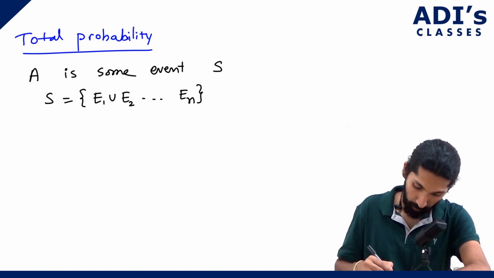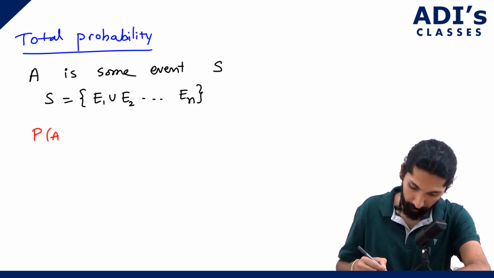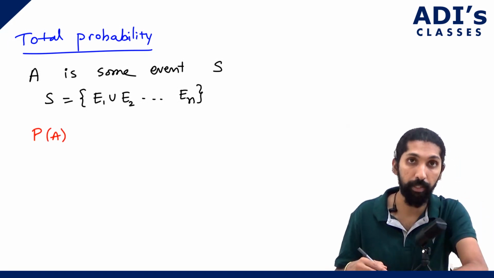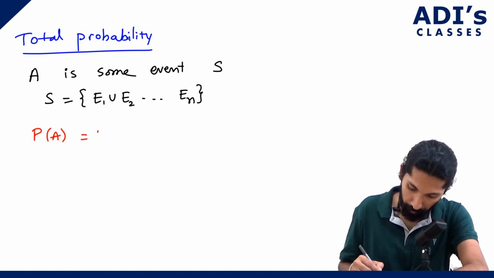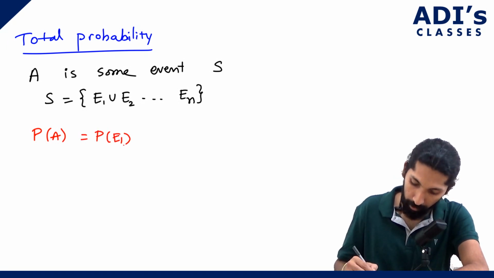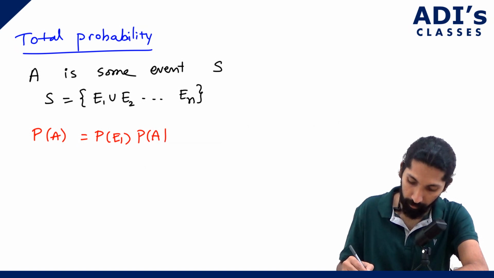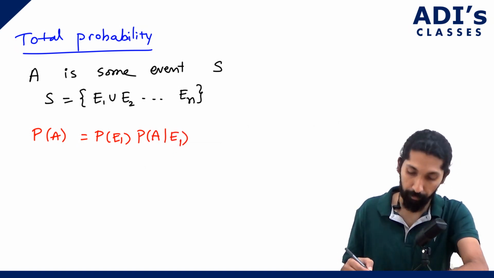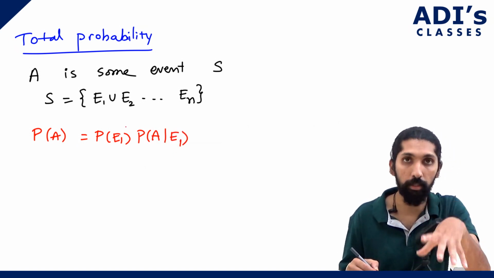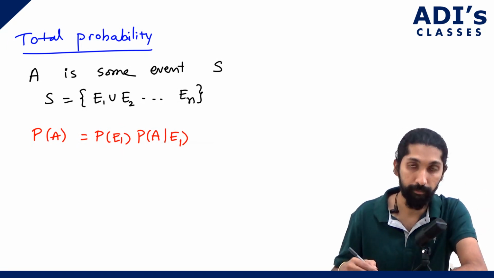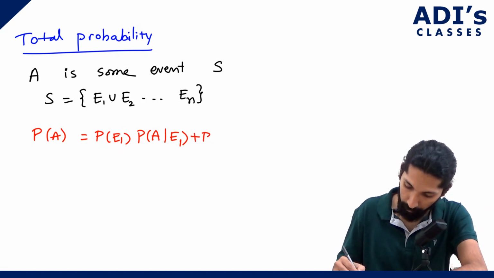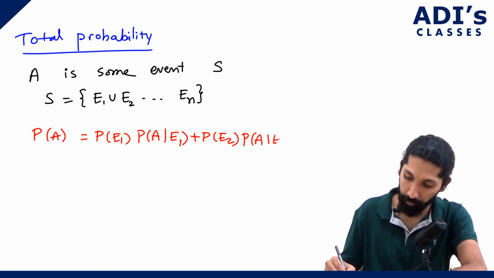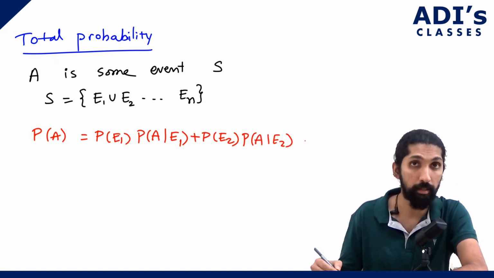What we have is P of A, the probability of that event happening. This will be P of E1 into P of A given E1 plus P of E2 into P of A given E2, like this till the nth term.